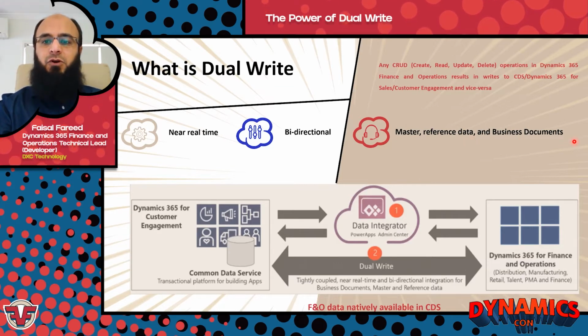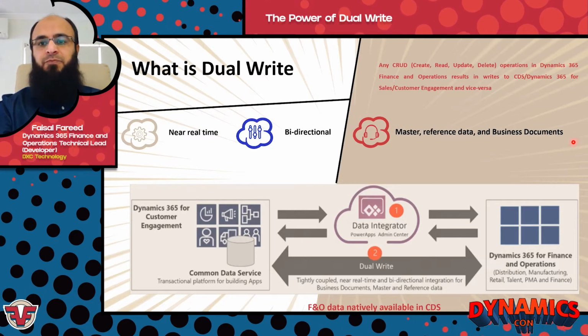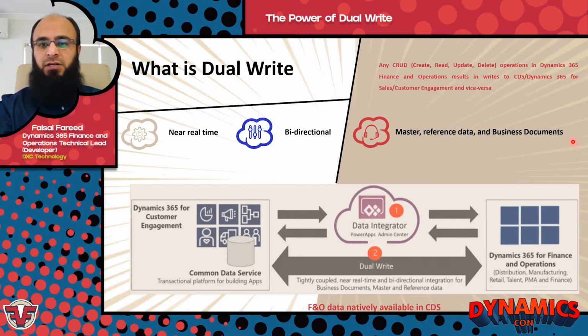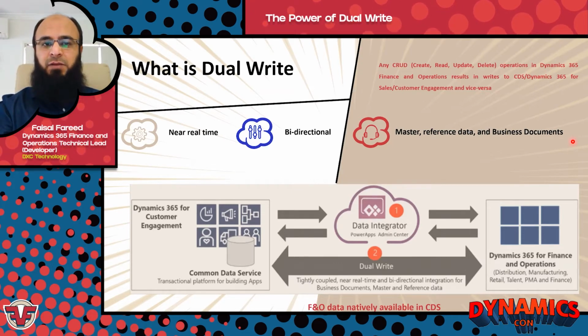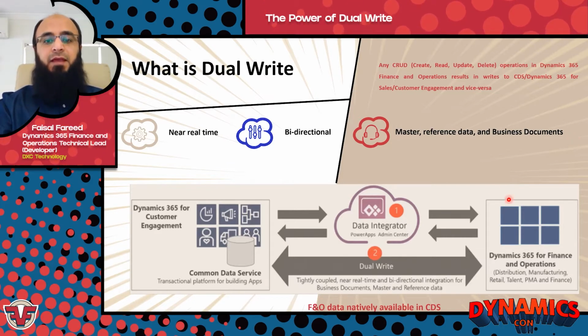And then business documents: you will have projects, purchase orders, sales orders, and so on. There are 120 or 125 entities, don't quote me on the count, but that is roughly the number of entities available out of the box for dual write. Microsoft is still working on adding more and more data entities for dual write.